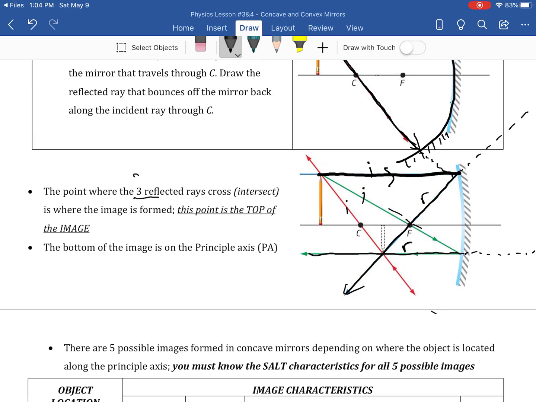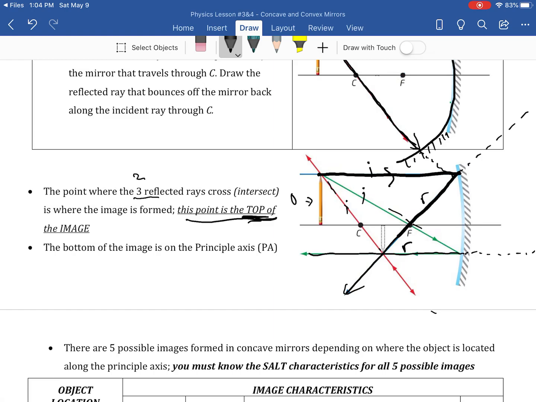The point where three, or two if you don't want to do the third case, if you don't want to do this red line, two reflective rays cross, they intersect, they meet. That is the point, the top of the image. So my object was the pencil. The top of that object meets where the two reflective or three reflective rays meet.